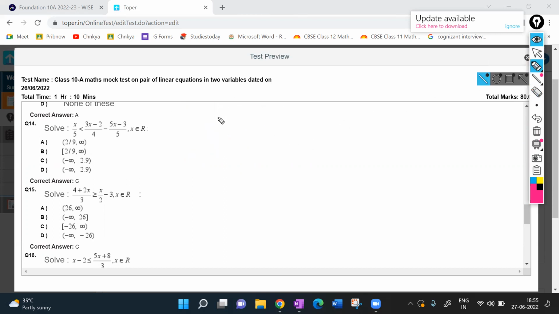Let us talk about that. I'll tell you the simplest method. So x by 5 minus, what is the LCM here? 15x minus 2 minus 10, right?